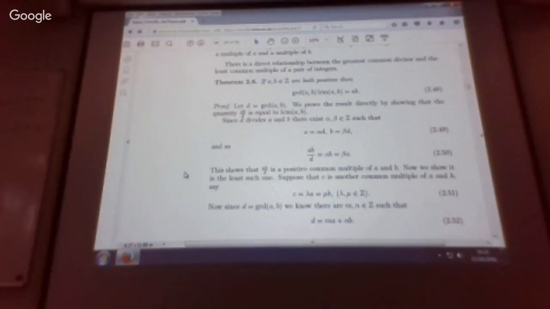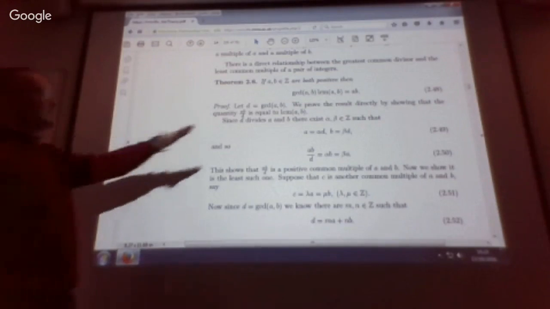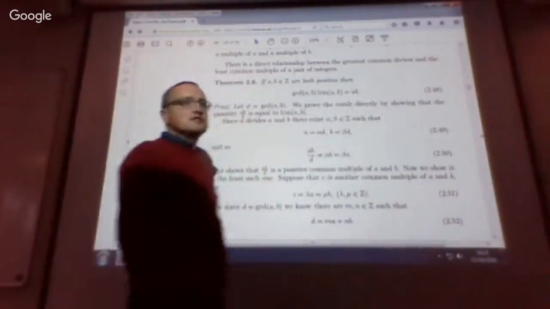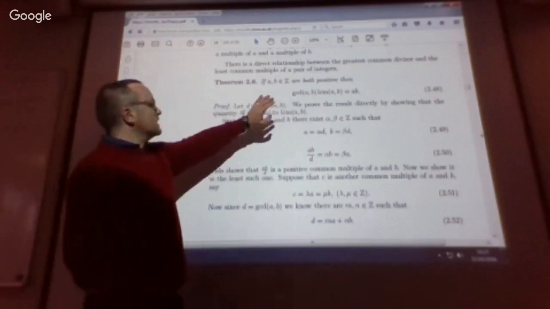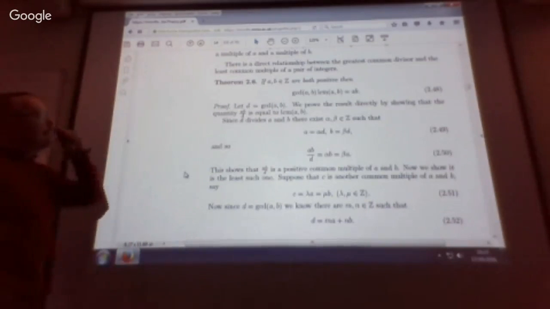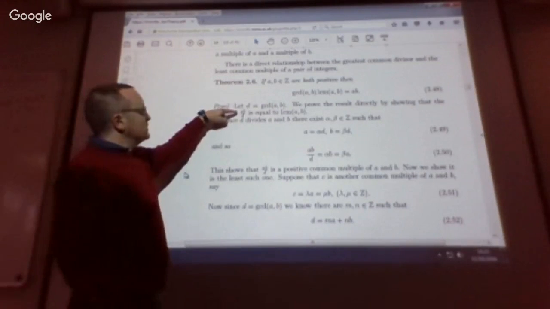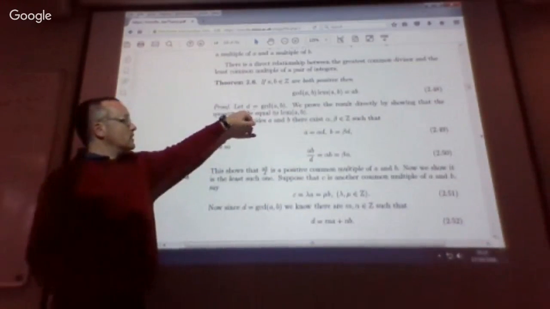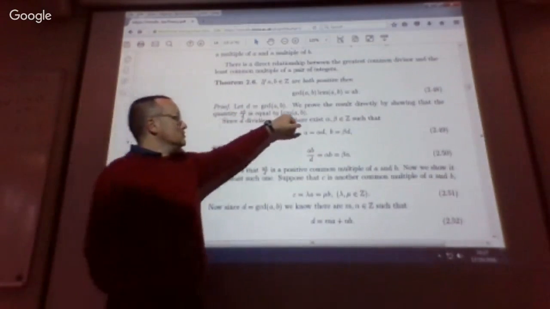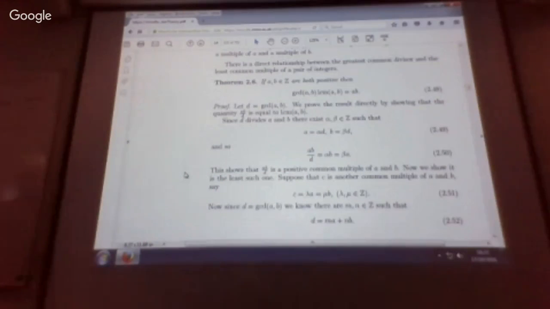So here's the proof that it is always true that when you multiply the GCD and the LCM, you get the product of the original pair. The way we're going to prove this is we're going to let D be the GCD of A and B. And we're going to prove that when you divide the product AB by D, so when you divide the product by the GCD, you get exactly the least common multiple.